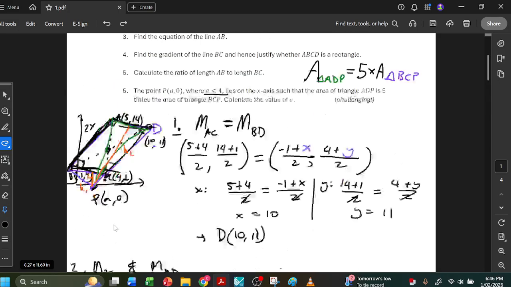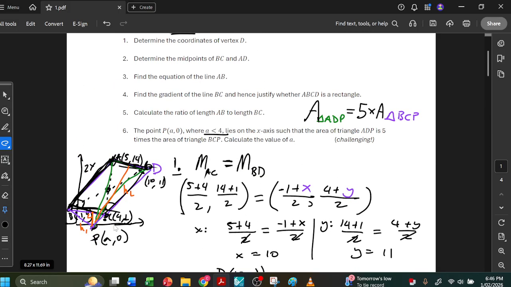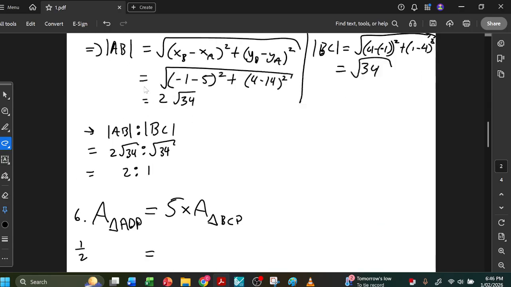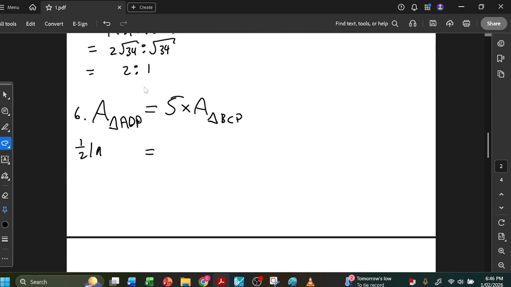So the base of this triangle here is the length from A to D, which we actually found out earlier, times H1, the height of that particular triangle.